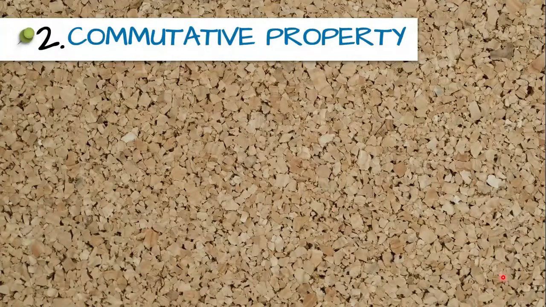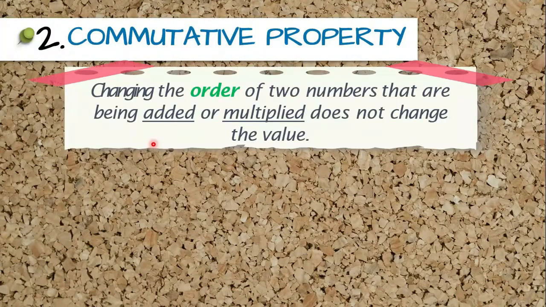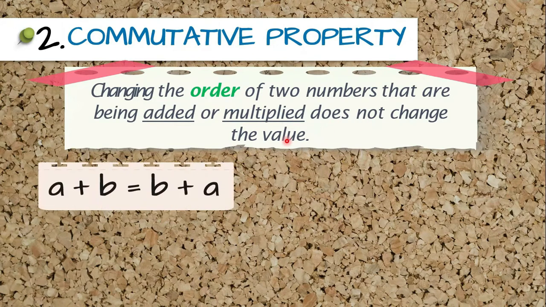Next is commutative property. It states that changing the order of two numbers that are being added or multiplied does not change the value. First, for addition, we have A plus B is equal to B plus A. So, we're going to change the positions, the locations of the two integers, and the answer is always just the same.